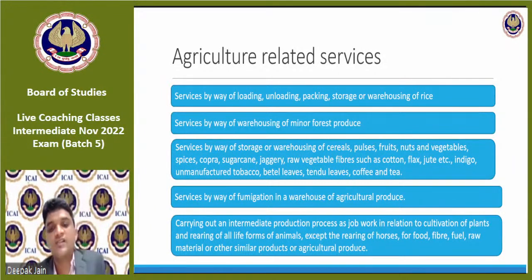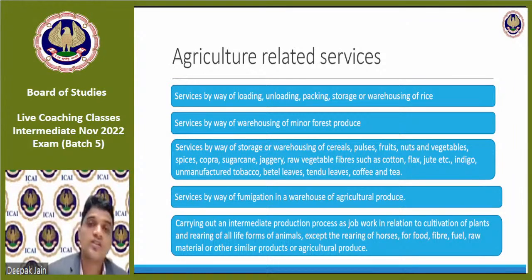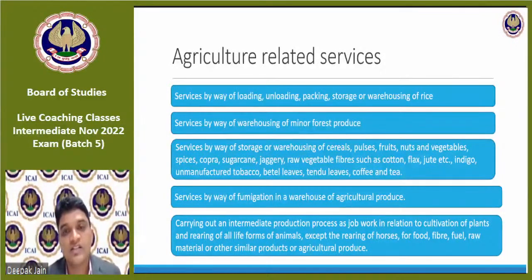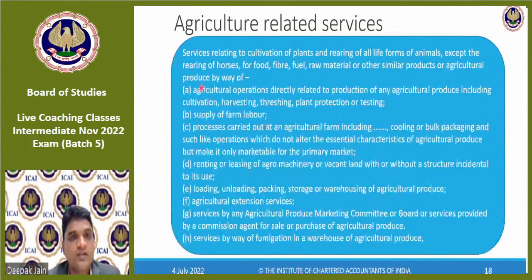These agriculture related services exemption are given to whom? To the service receiver. कौन सर्विस रिसीव करेगा, ये सब फार्मर रिसीव करेगा ना, तो फार्मर के लिए ये सब exempted है. Okay, then services relating to cultivation of plants and rearing of all kinds of animals.